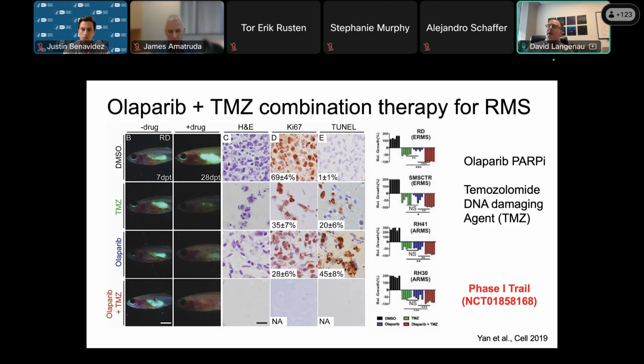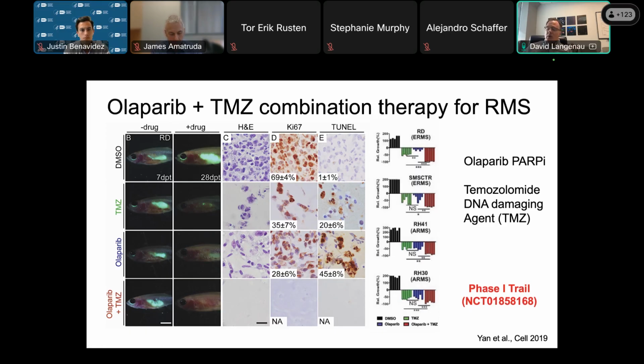You can look at these also in real time using fluorescent imaging shown here on the right for various models, where you can look at more traditional waterfall plots for individual animals. Hopefully you can see that in a subset of those animals, they very nicely kept the tumors at bay.